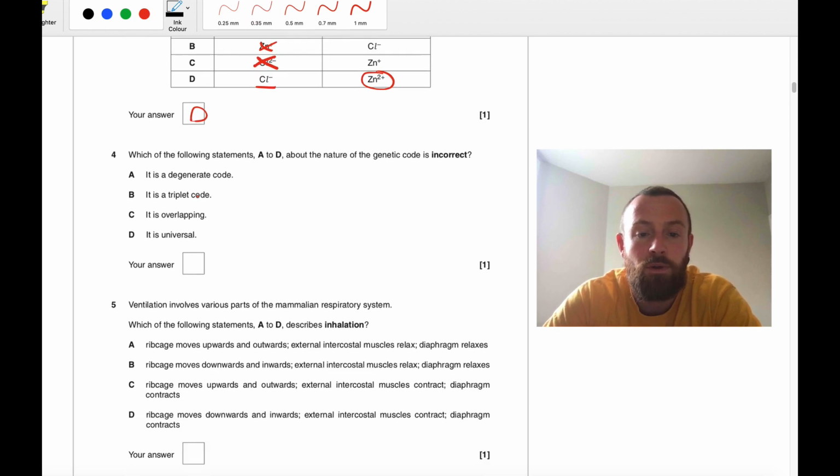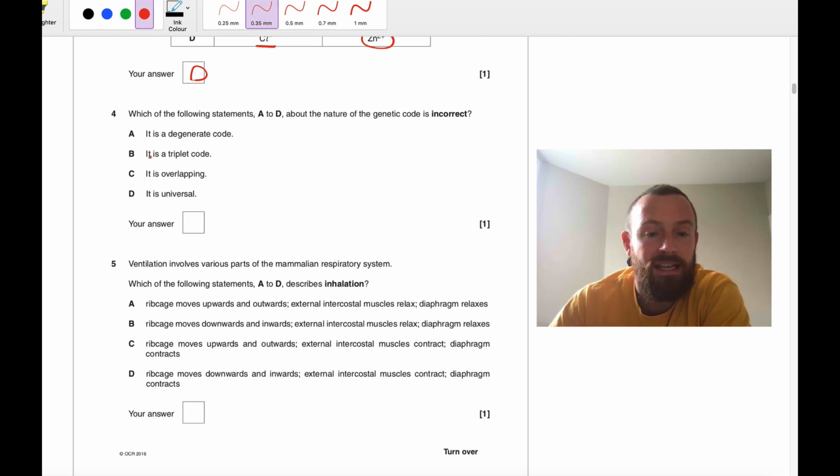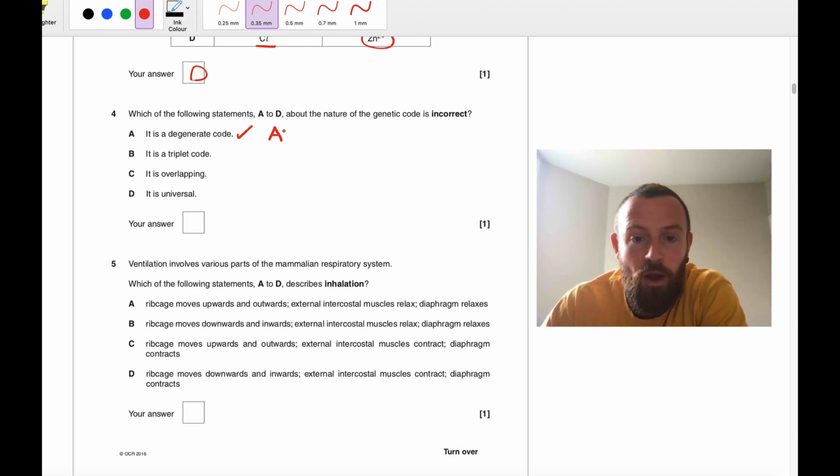Question 4. Which of the following statements, A to D, about the nature of the genetic code is incorrect? It is degenerate. That's right. So that means that, for example, you could have two different codons that mean the same thing. These are ones I made up. I don't know them off by heart, but let's say ACG and ACC, for example.